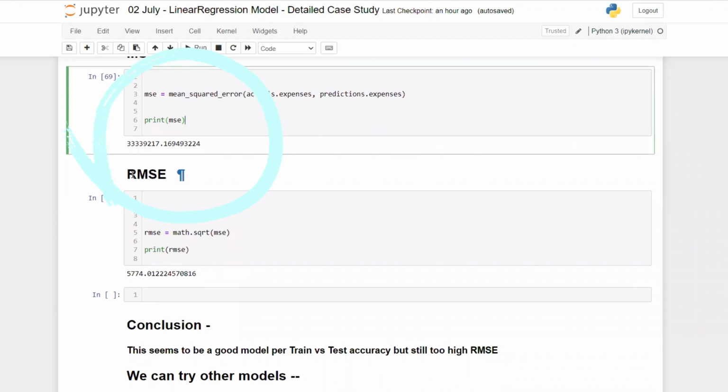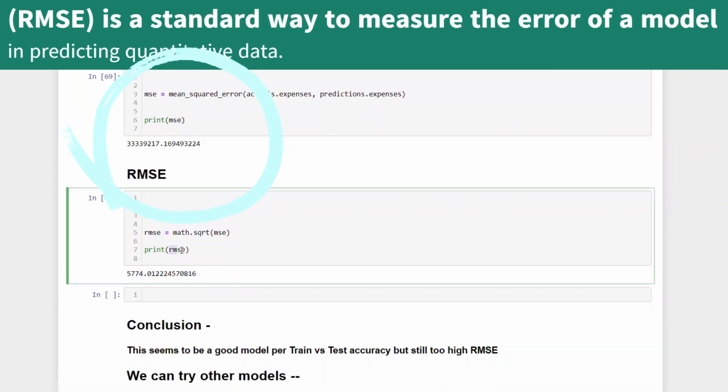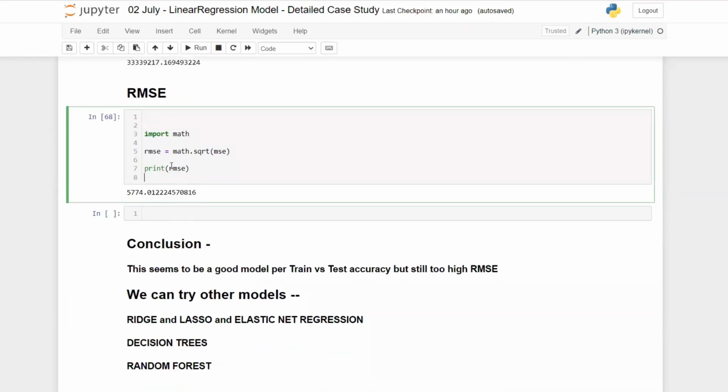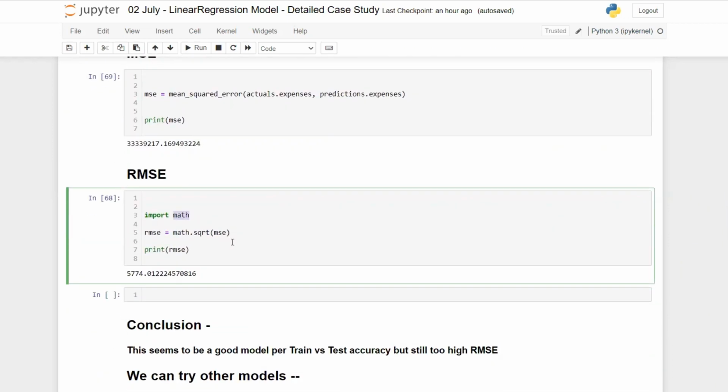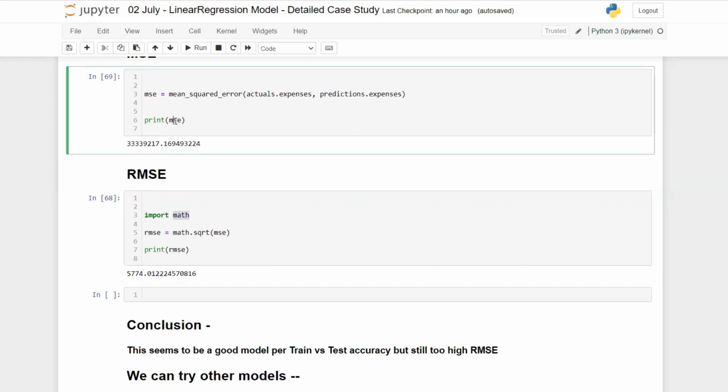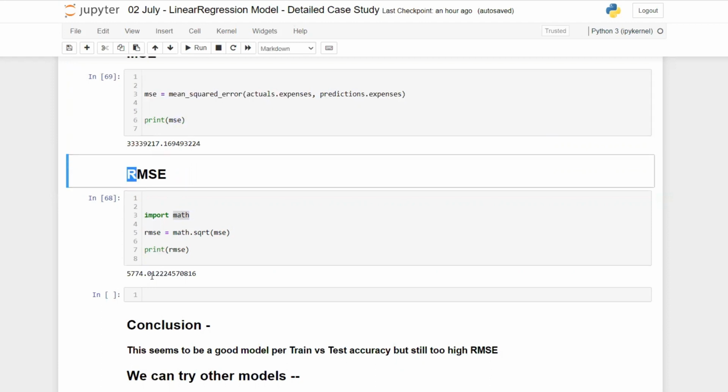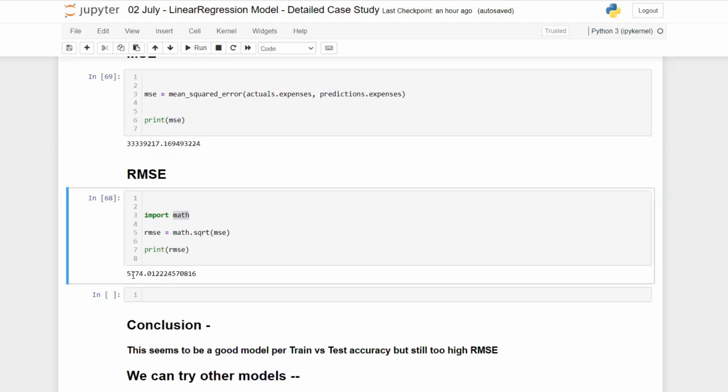But why should we use RMSE, guys? Because RMSE is the actual representation of my error. MSE is a very huge value because of its squared nature, so taking a root will make me closer to the actual scale, 5774.